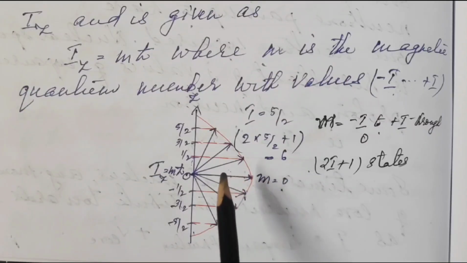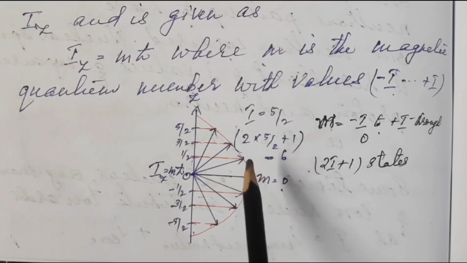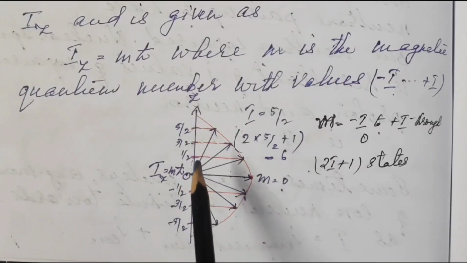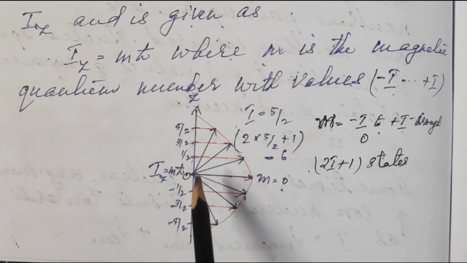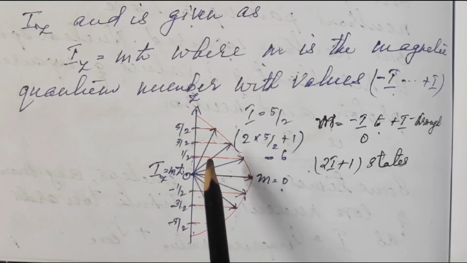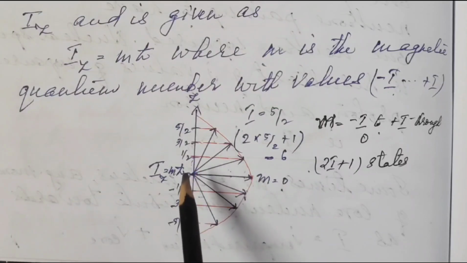Coming to the next orientation, from the tip of the vector, we can take a projection towards the direction of the magnetic field, that is the z-axis. Then it meets at a point on the z-axis, and the distance between this point and the origin gives the value of Iz, that is half, and the unit is h cut.